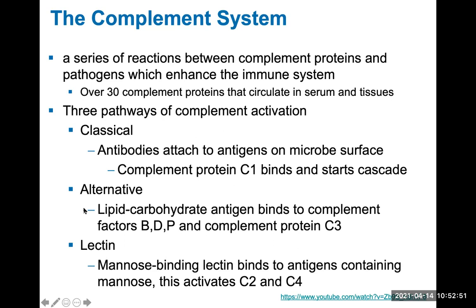And then lastly, you have the lectin pathway, where that mannose binding lectin that you always have circulating binds to the antigen and activates different complement proteins called C2 and C4. All right, so let's look at that.